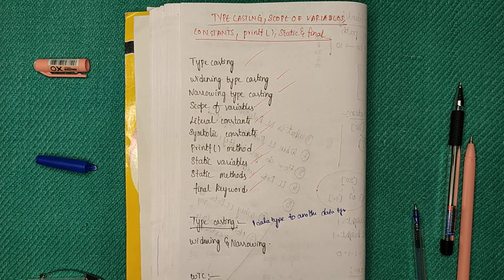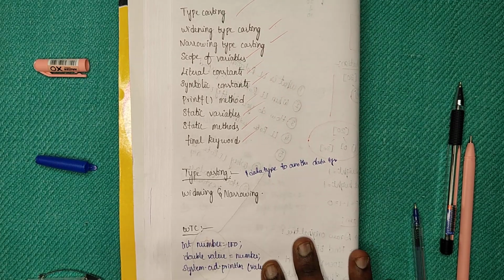If you want to pour its water into a 5 liter bottle, no problem. But if you have a 5 liter bottle and try to pour everything into a 1 liter bottle, some water cannot fit. Exactly the same idea happens in Java. Some conversions happen automatically, and some conversions require the programmer's permission. So in typecasting there are two types: widening and narrowing.